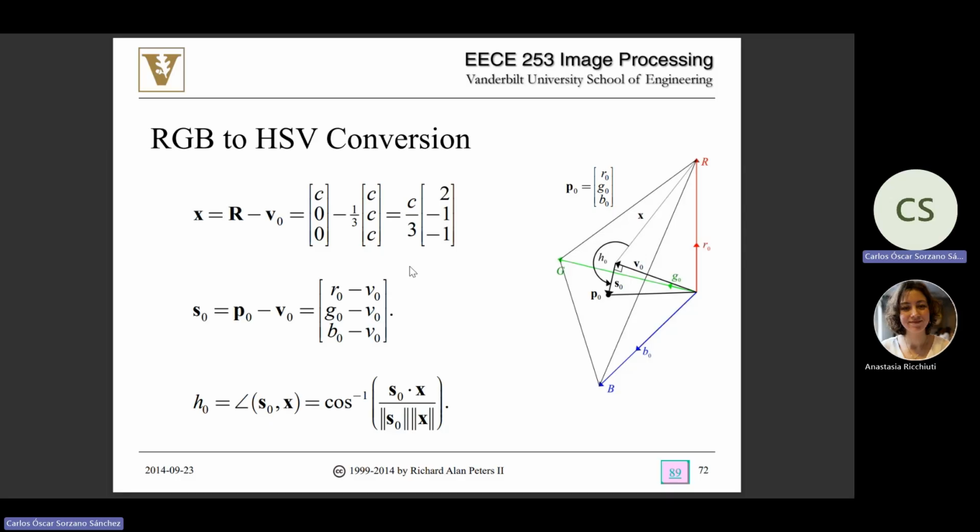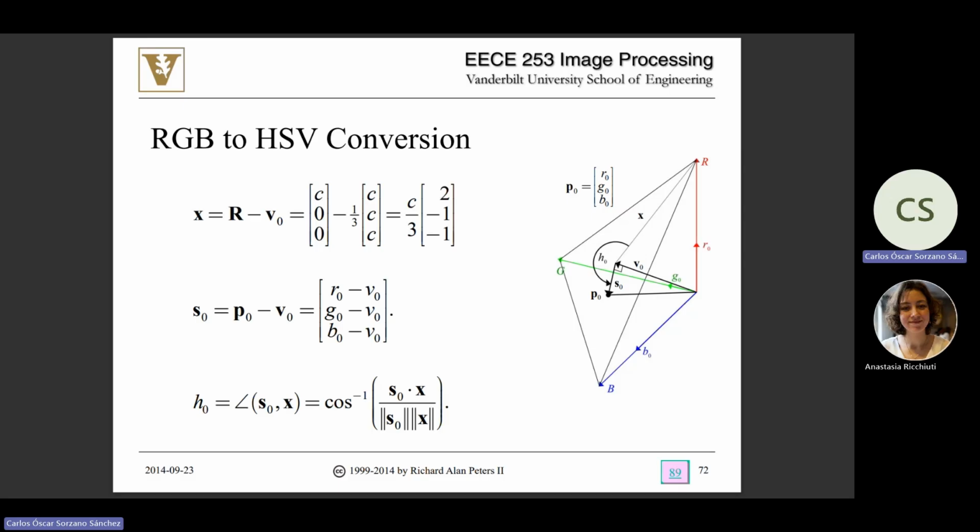This red vector, this point here, has to be of the form C00, because it is in the same plane as your color point, and the sum of R plus G plus B is C. So this has to be C00 because it is red.